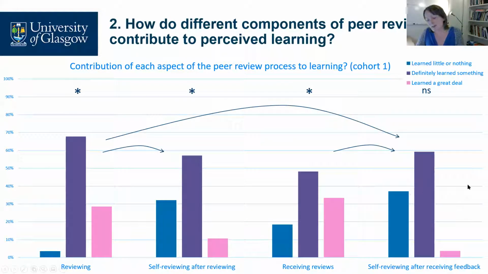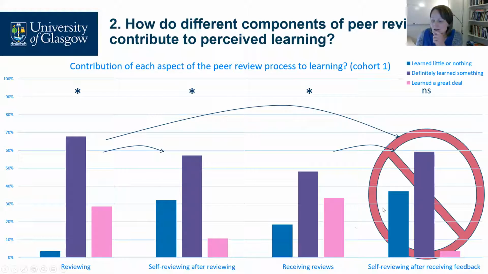Okay, so thinking about this, it's quite interesting. Why is it the case that self-reviewing after receiving feedback is considered not particularly helpful? Presumably that's the purpose of receiving a review, in order to be able to review your own work.